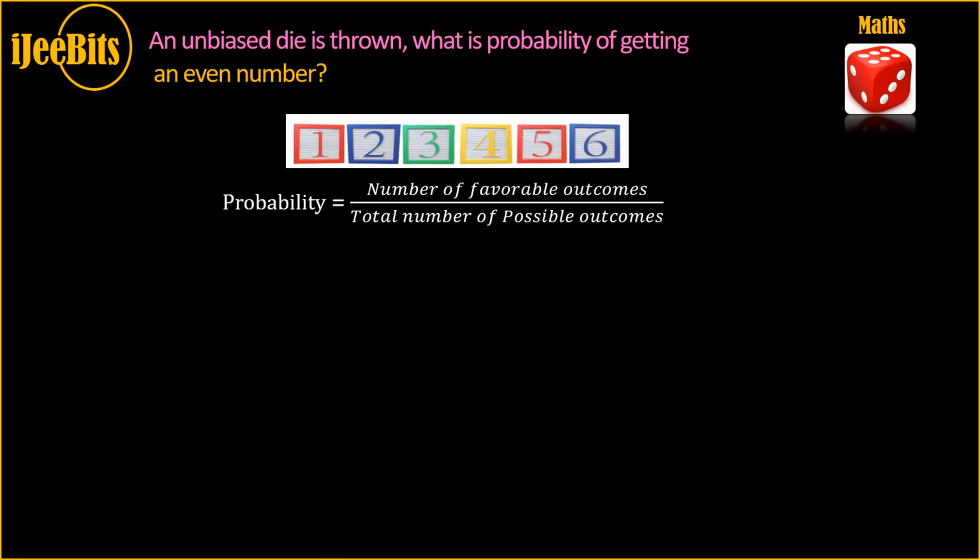Let's look at it now: an unbiased die is thrown. What is the probability of getting an even number? We know that a die has six sides and six numbers. The maximum possible outcomes every time that you throw a die is one of them, so the maximum is 6 only: 1, 2, 3, 4, 5, 6.